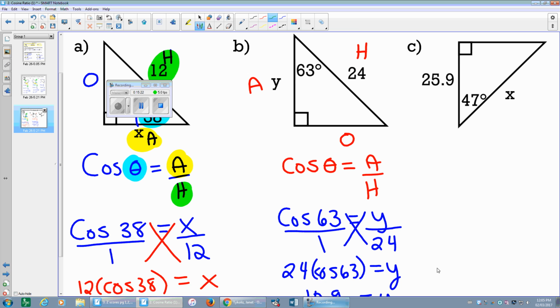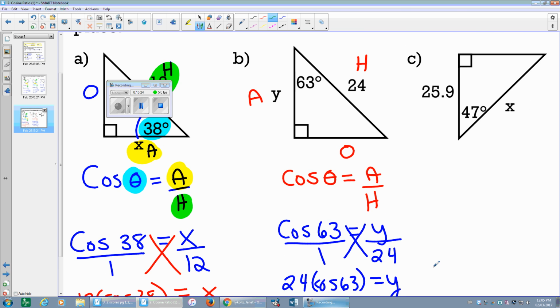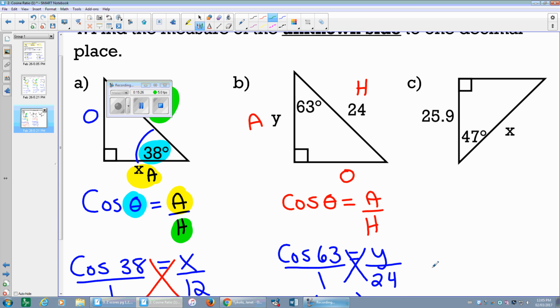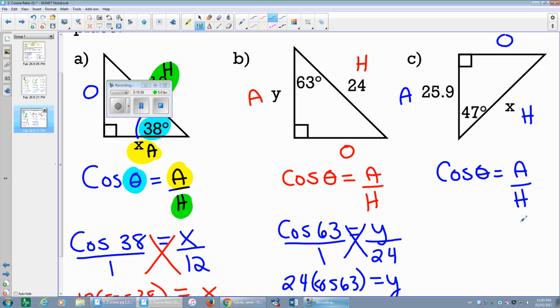Okay, the last example I'm going to do here, again, label my side lengths, opposite, adjacent, hypotenuse. Okay, so when I plug this in, I get cos 47 equals 25.9 over x.